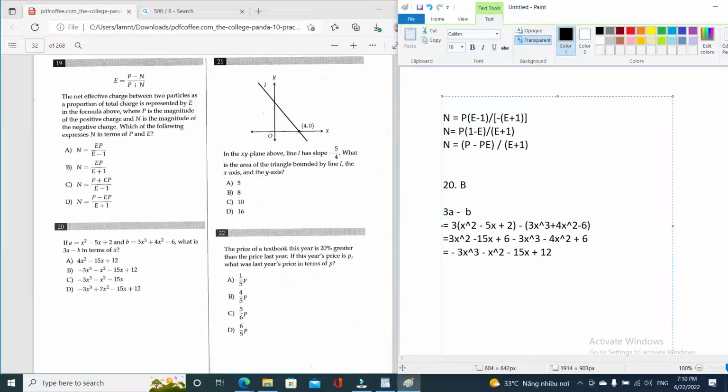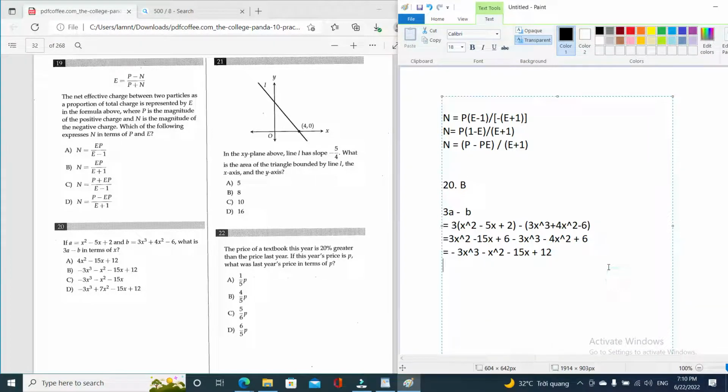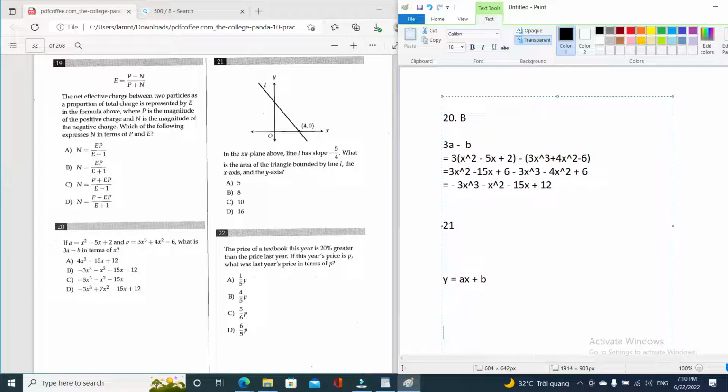Number 21. We have a line and we have a slope. So we know that this is y equal to ax plus b, and we know the slope is minus 5 over 4, so a equal to minus 5 over 4.